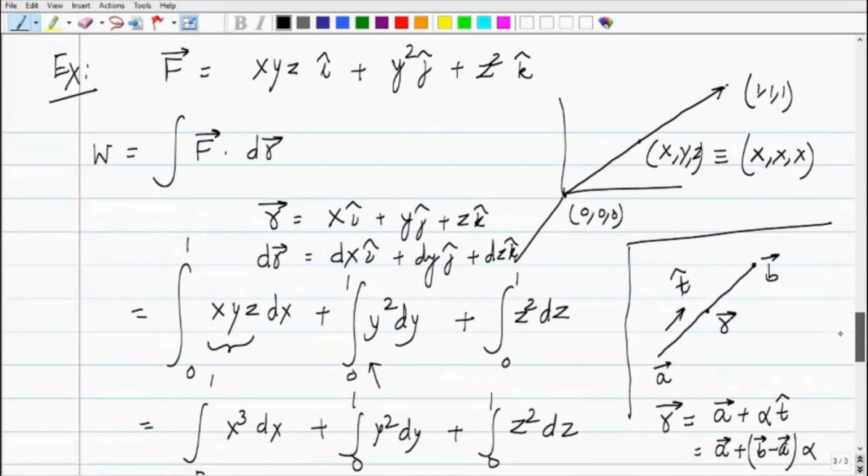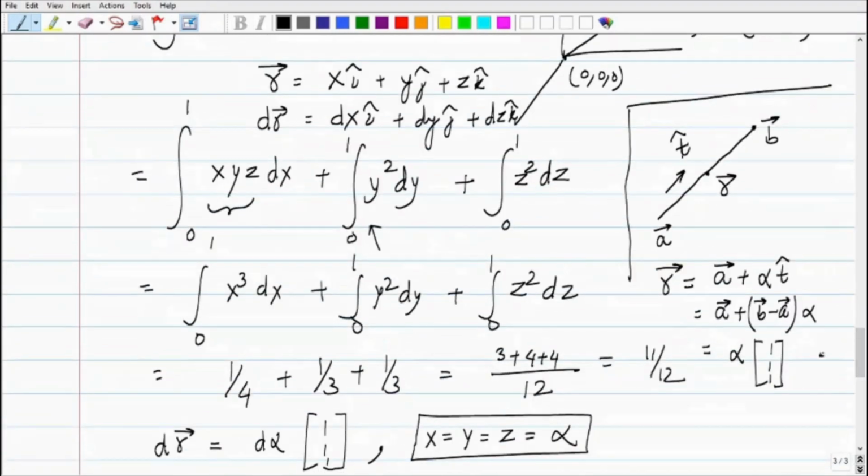But what we learned here is that while doing the integration along the path, we have to think of parameterizing the path in terms of a single variable. In case of a straight line, for example, we parameterized it using alpha. Even for any other curve, usually in the exam, you will be given a curve which can be parameterized analytically.